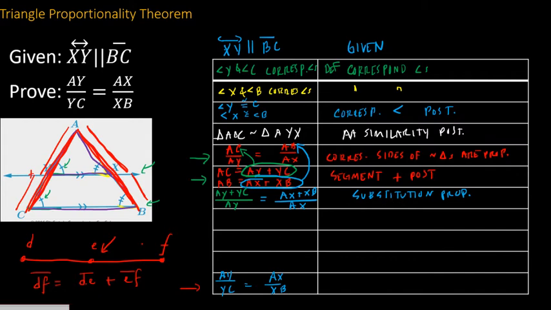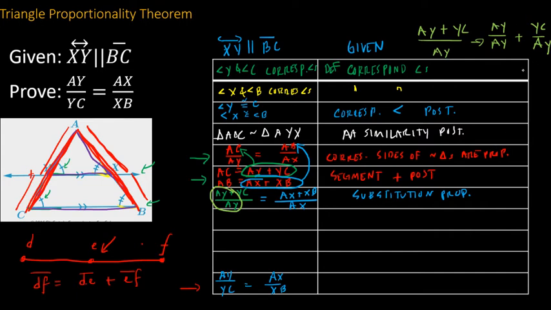Let's see, I think I can simplify this. I've got this AY over AY. Can't I separate AY plus YC over AY into AY over AY plus YC over AY? That's the same thing, and I am allowed to do that.